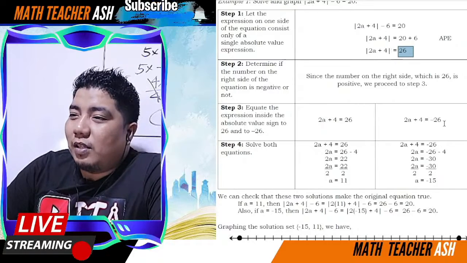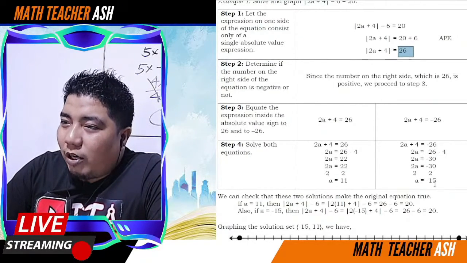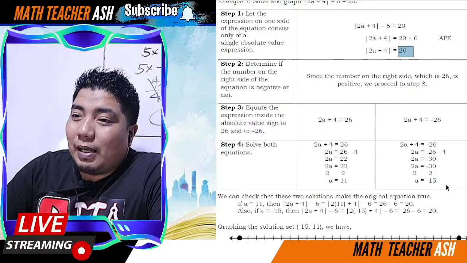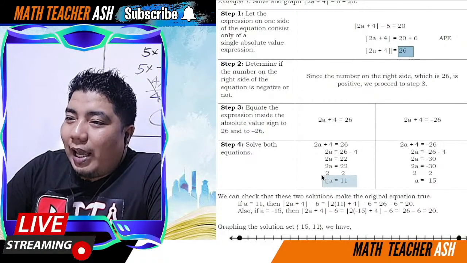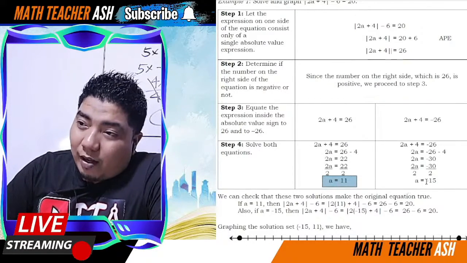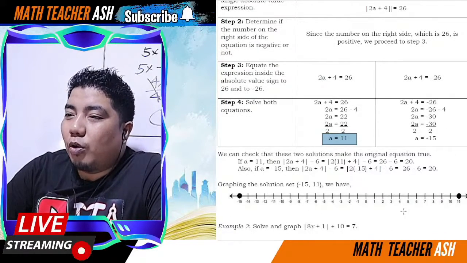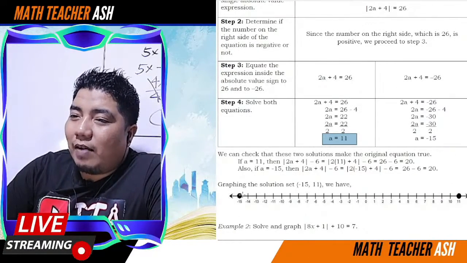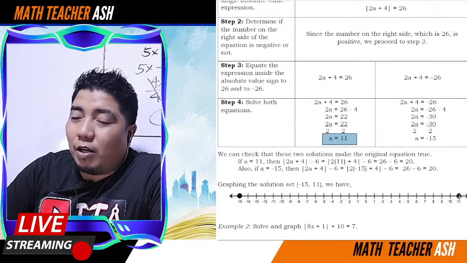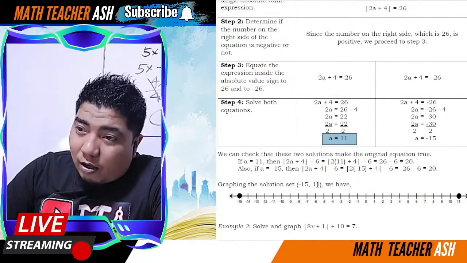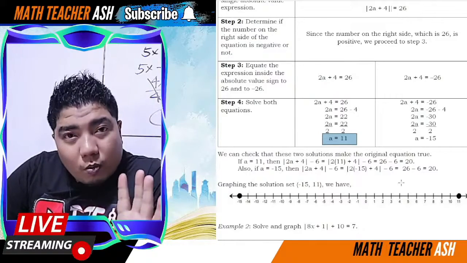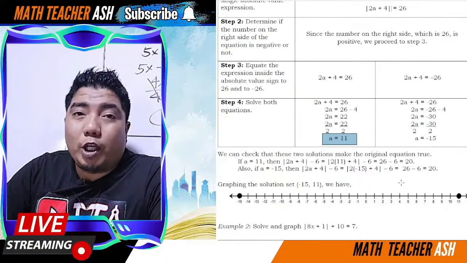When you solve the negative side separately, your a value will be negative 15. Ibig sabihin, your a could be positive 11 or negative 15. Okay? So, in a number line, you can have a dot here and you can also have a dot there. No more shading of the line. Why? Because we are just talking about equations here.